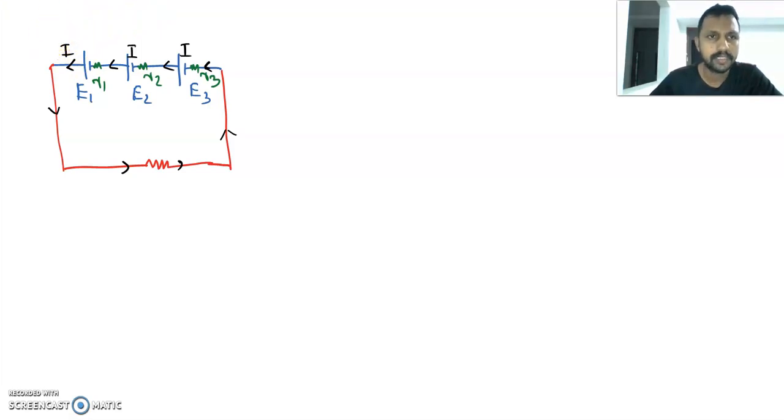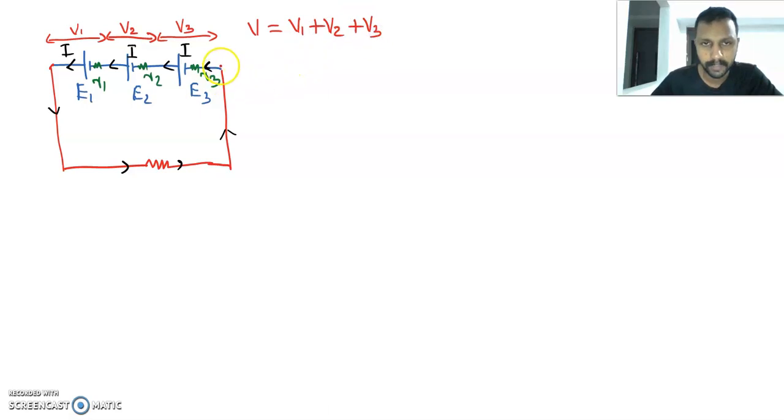If V1 is the potential difference across the first cell, V2 the potential difference across the second cell, and V3 the potential difference across the third cell, I could say the total potential difference, that is the potential difference across these two terminals, will be V1 plus V2 plus V3.